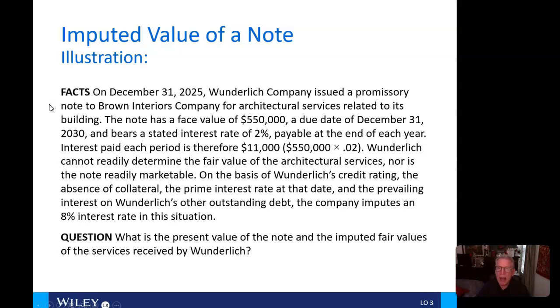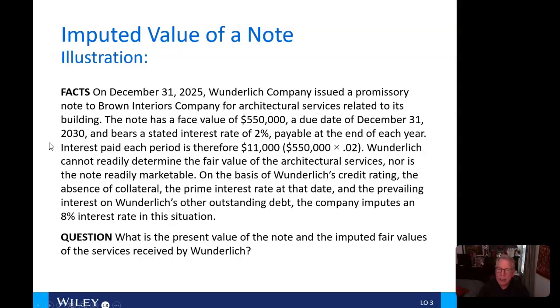The note has a face value of $550,000, a due date of December 31, 2030, 5 years later, and it bears a stated interest rate of 2% payable at the end of each year. So, interest paid each period is therefore $11,000. That's 2% of $550,000.